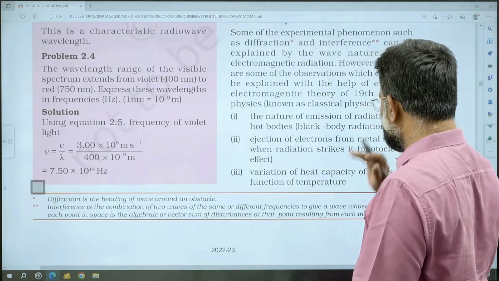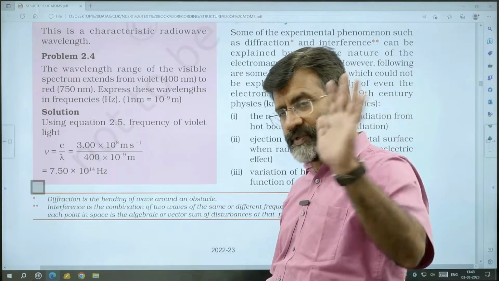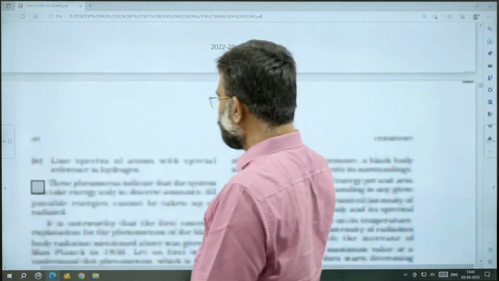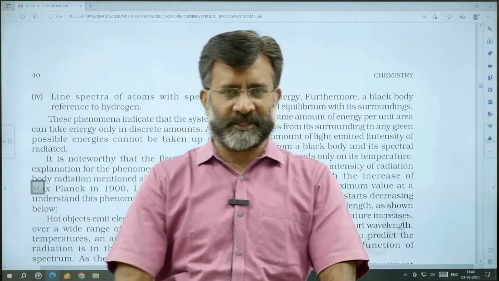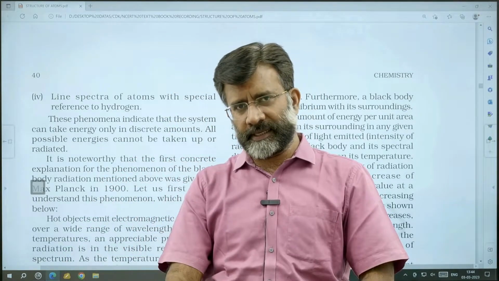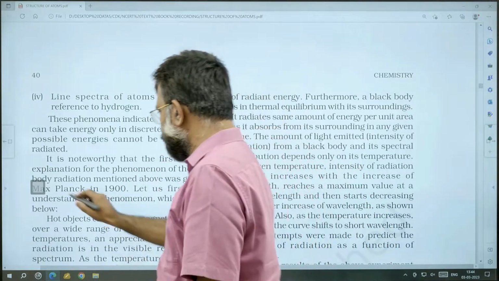Variation of heat capacity of solids as a function of temperature, heat capacity versus temperature. Then line spectra, atomic spectra, were unable to be explained by classical theory. So classical theory and quantum theory is a very important topic in the chapter.